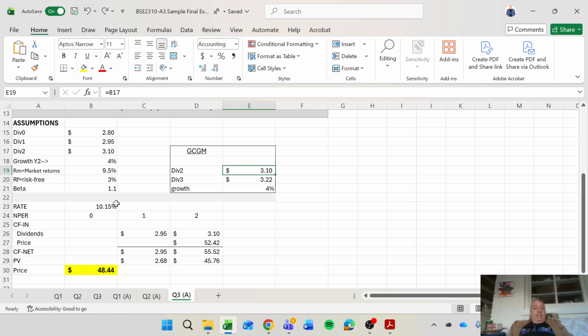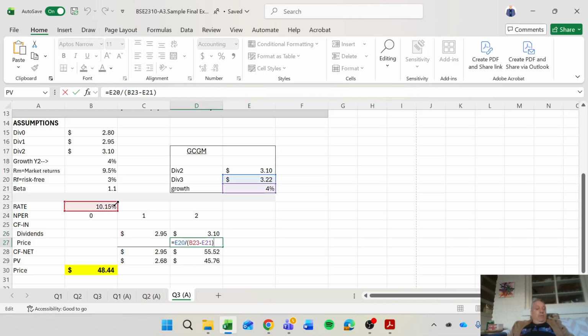Dividend 3 takes that previous $3.10 and grows it by 4%, so that we would have an estimated dividend 3 of $3.22, where we know our growth is constant at 4%, and that we're going to put together into our Gordon constant growth model formula.